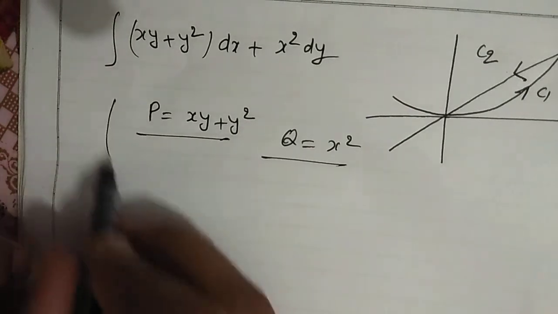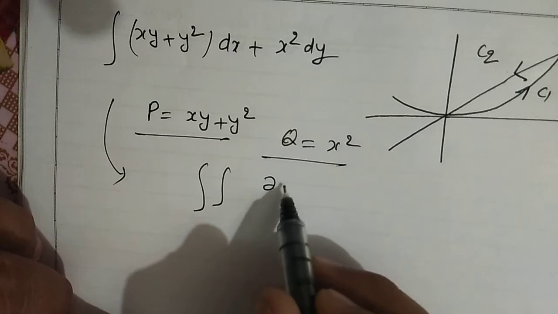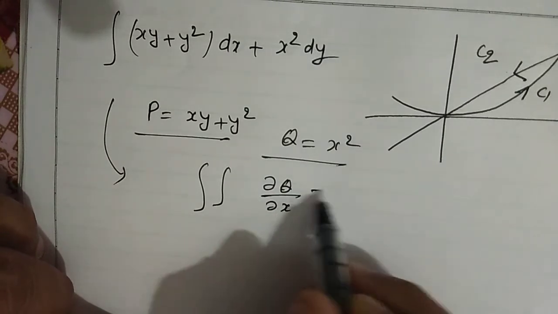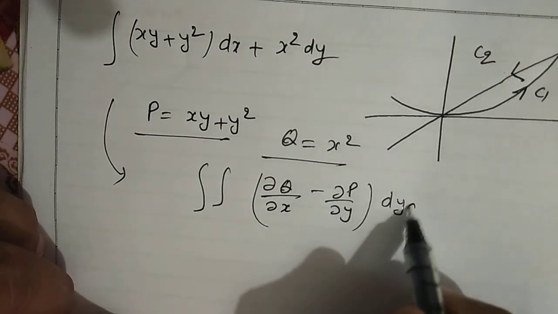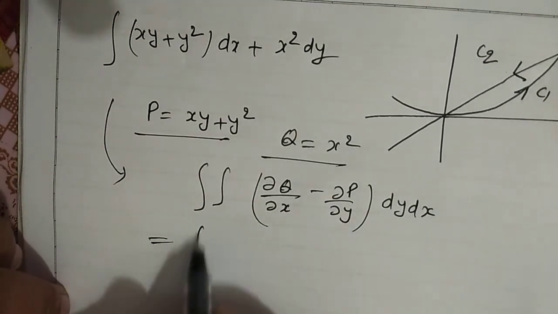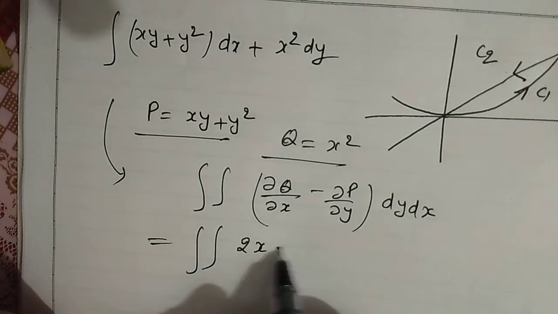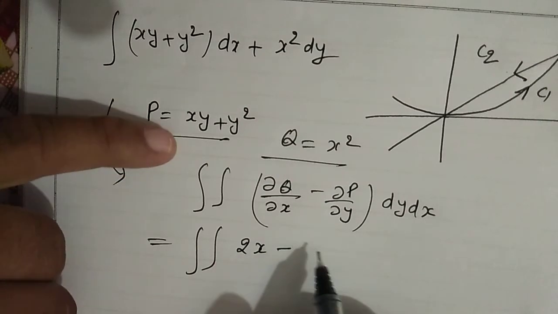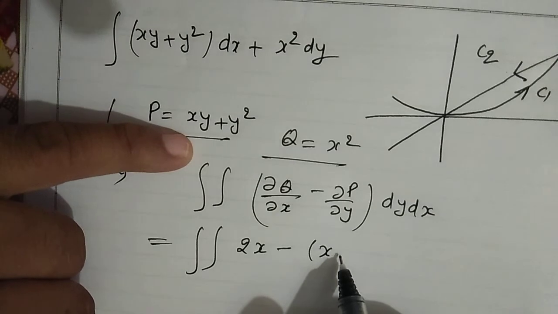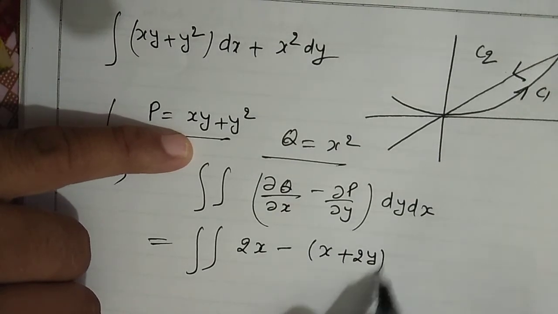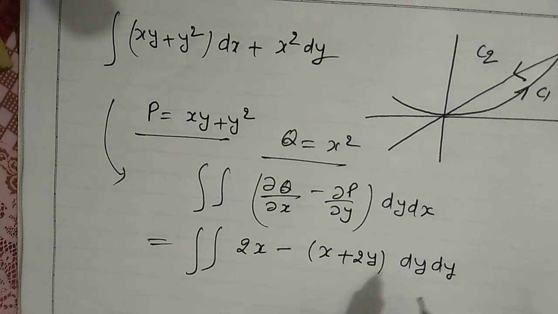According to Green's theorem, this converts into the surface integral of (∂Q/∂x minus ∂P/∂y) dy dx. ∂Q/∂x means 2x, minus ∂P/∂y, which is x plus 2y.